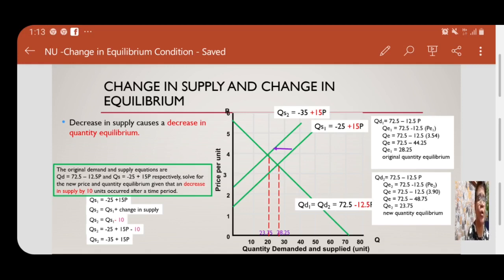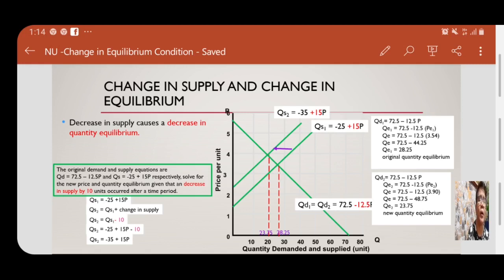Now what about the new quantity equilibrium? The new quantity equilibrium can again be solved using the new demand equation, 72.5 minus 12.5P, substituting the new price equilibrium to the P of the new demand equation.